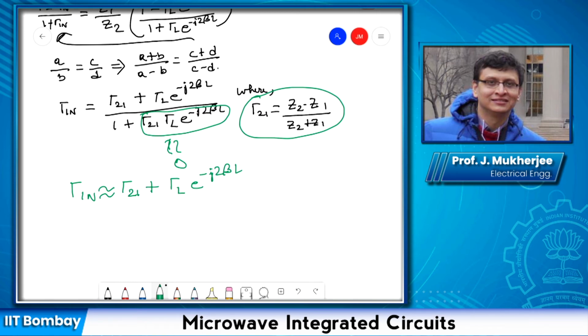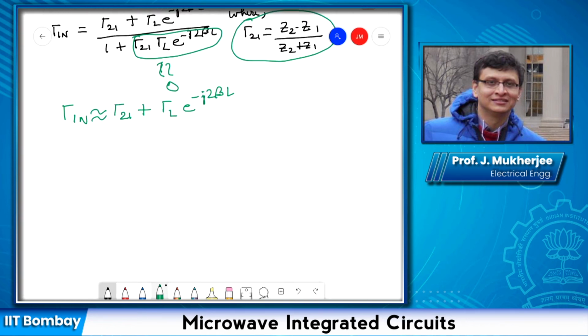So what does this mean actually? Let us once again draw the diagram. This is my source line having characteristic impedance Z1. This is my transmission line element of finite length theta.